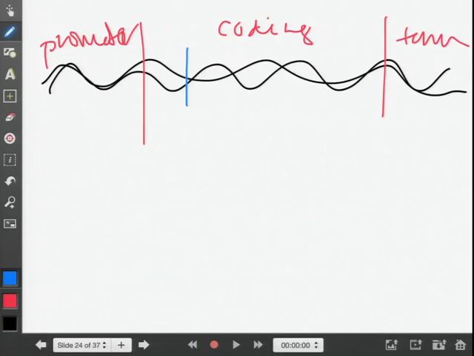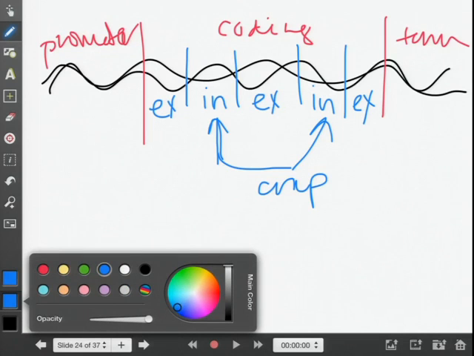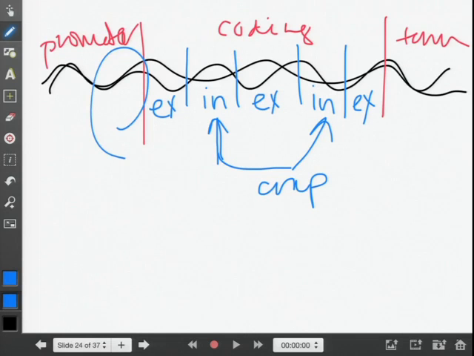Within this coding region, we have exons and introns, and these are the ones that we don't want. Now remember, RNA polymerase is stupid, doesn't know anything, can't recognize a termination sequence, can't recognize an intron if it smacked it in the face.